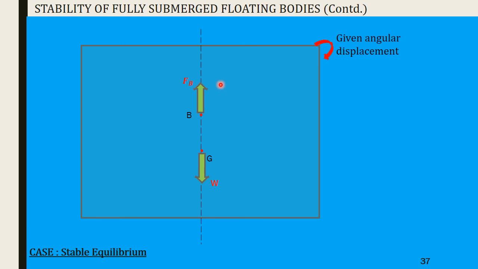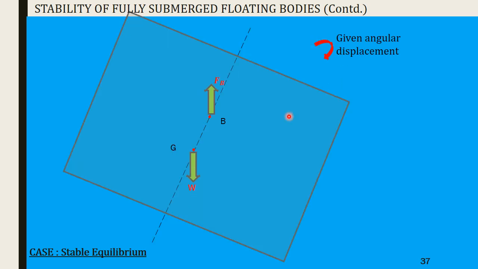Now, when we give it an angular displacement, the body will tilt. However, the center of buoyancy and center of gravity are not going to shift from their positions. You can see that the buoyant force and weight are now not acting along the same line, but they are equal and opposite forces acting parallel to each other. So they are going to create a couple. From the figure, we can see that W and FB create an anti-clockwise couple that opposes the given angular displacement.